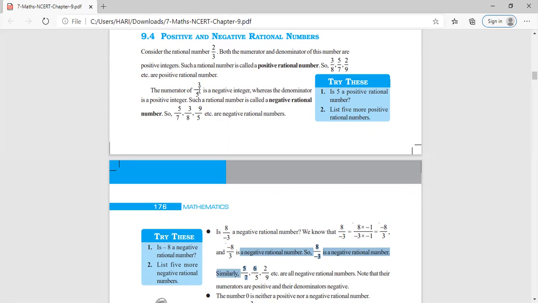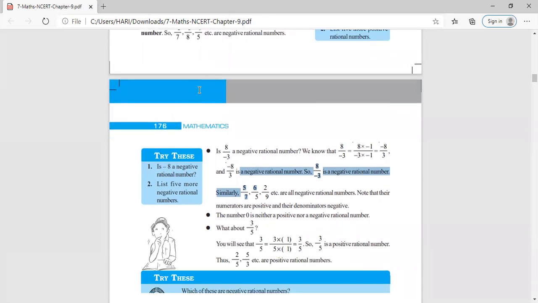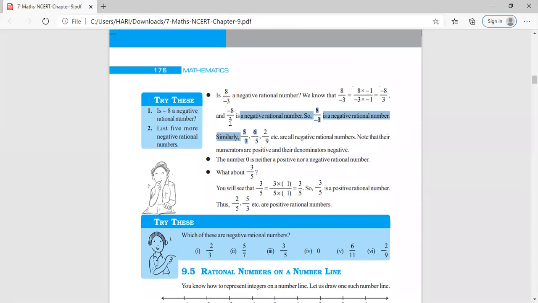Is it clear, children? For a positive rational number, both the numerator and denominator will be of the same sign. If any one part, either the numerator or the denominator, is negative, then it is called a negative rational number. Then, if the numerator is 0 and the denominator is any other integer, then it is called a zero rational number.